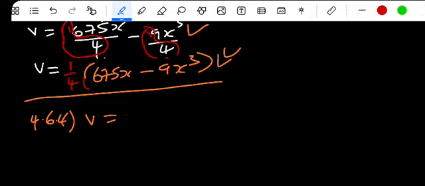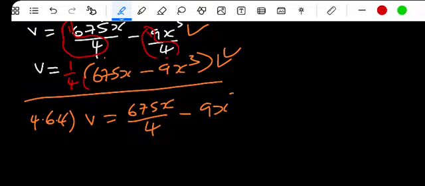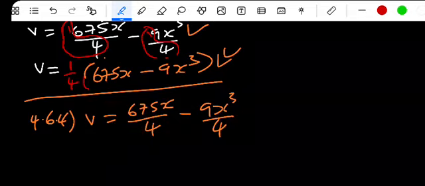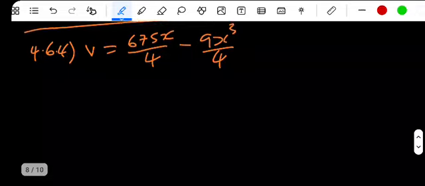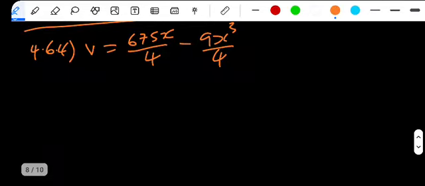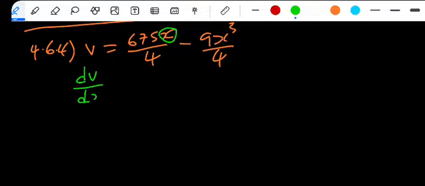V equals 675x over 4 minus 9x cubed divided by 4. I will take this one. I think it will be simpler for me. Alright, so dV with respect to what? We have x, isn't it? So we're supposed to write x.